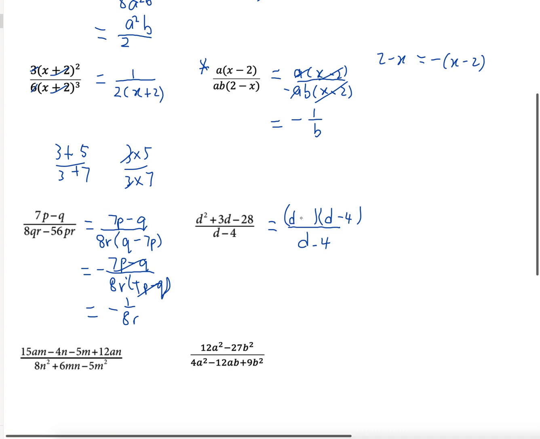So this must be d plus 7, because 7 times minus 4 is minus 28. And we can check the middle term, which is 7d minus 4d, which is 3d. So now we can cancel, and the result is in the numerator, simply d plus 7.